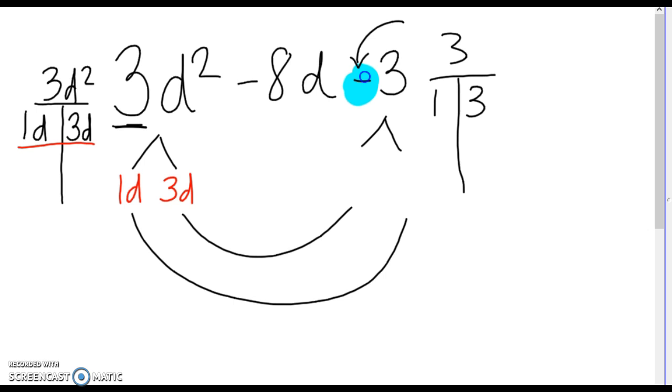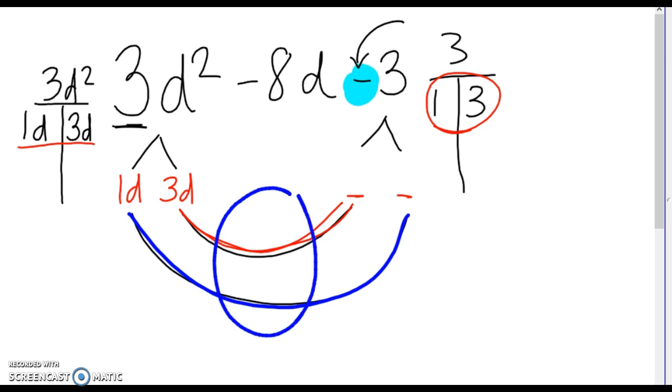Now I have to go to the other side, this 1 and the 3, and I have to figure out which one goes here and which one goes here. So these two have to multiply together to get me something, and then these two have to multiply together to give me something. When I add these two things, they need to give me negative 8d.